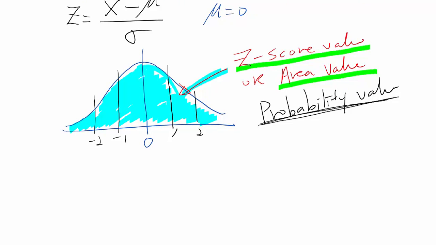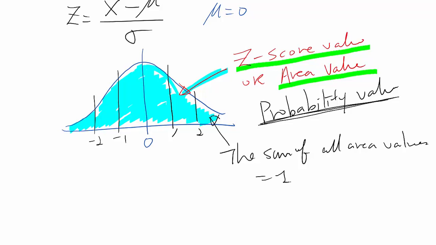What is the total sum of area value? Yes, that must be equal to 1. So the sum of all area values equals 1 because they are probabilities here.